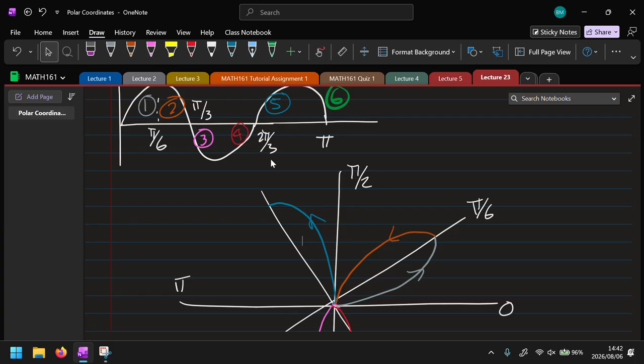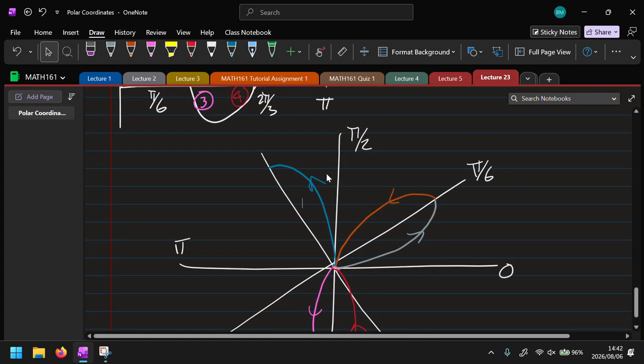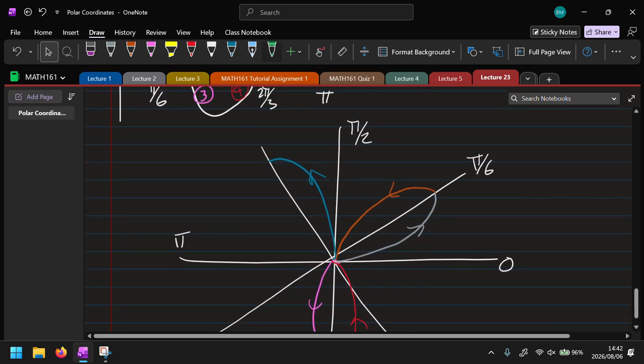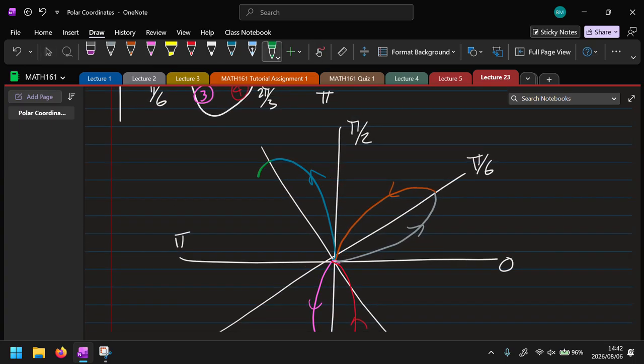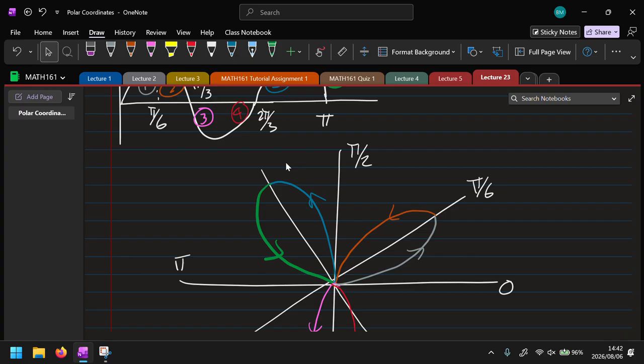And then the last bit, from where we were, along that line there, that's where we just ended, over here, and then down to pi, that will be the last bit. That was in green. So from 2 pi over 3 to pi, that's that last little bit there.